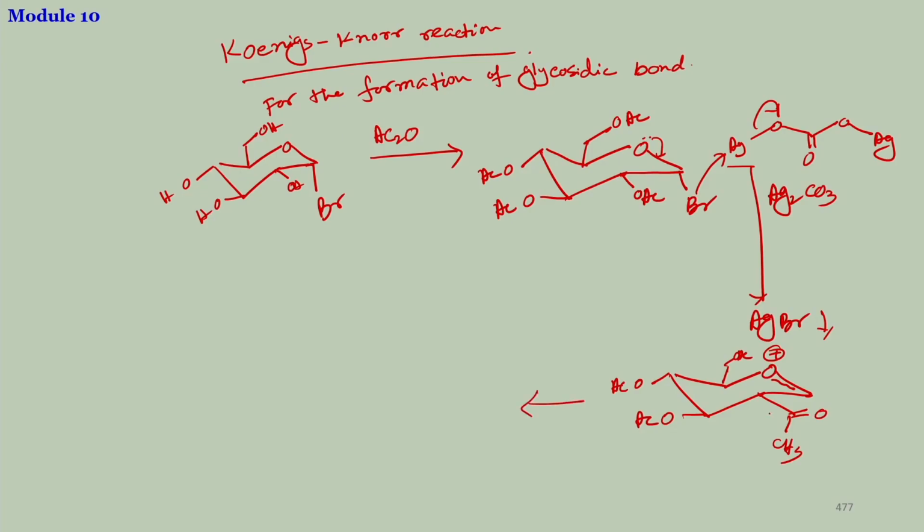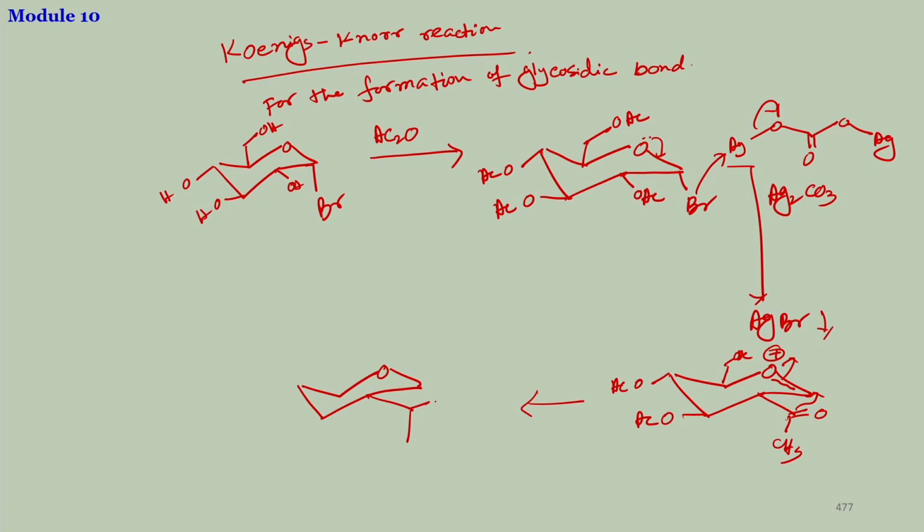Now, you have acetate and that has a double bond oxygen. So, this will attack here, open this up, and that will give you a better intermediate, an energetically more favorable intermediate.